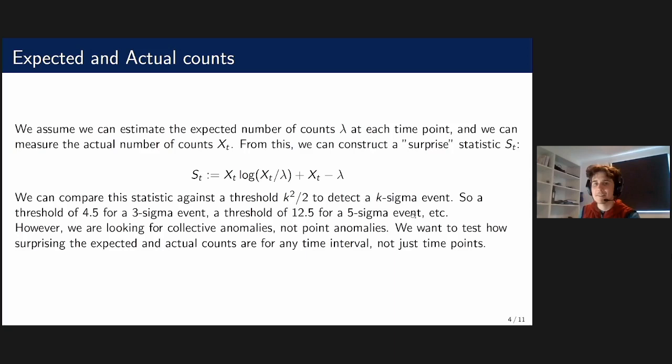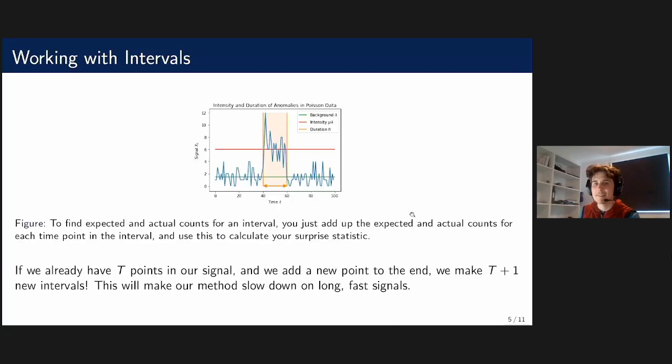But we want to test time intervals, not just time points. But that's fine, because all of our time points are time intervals. We're looking at photons in a little interval, but photons in a bigger interval that's a collection of little intervals is still an interval. So you can just add up the expected counts and add up the actual counts and do the same maths.